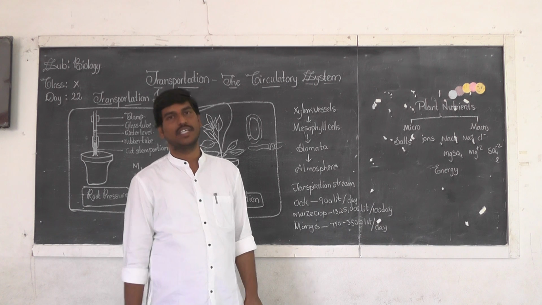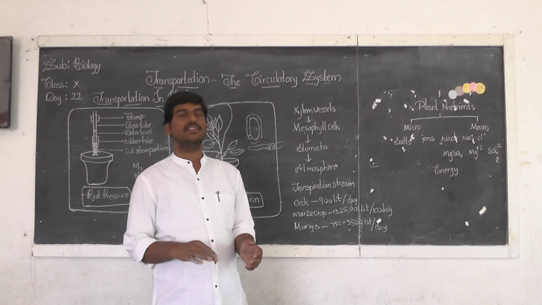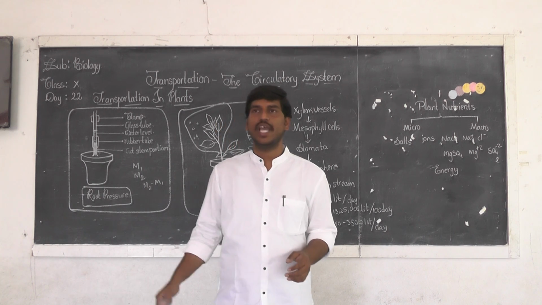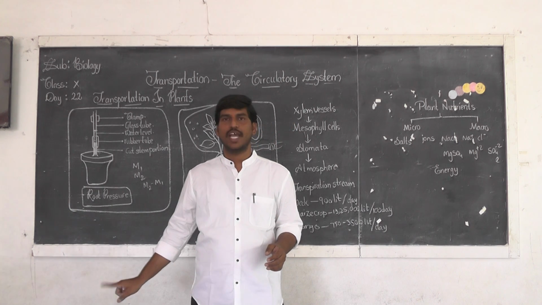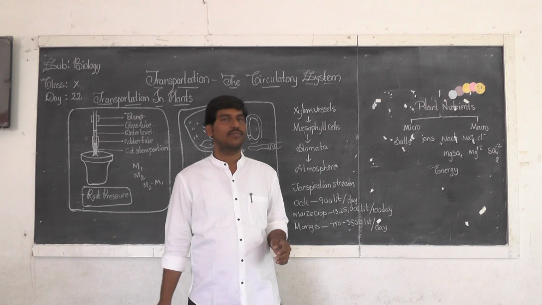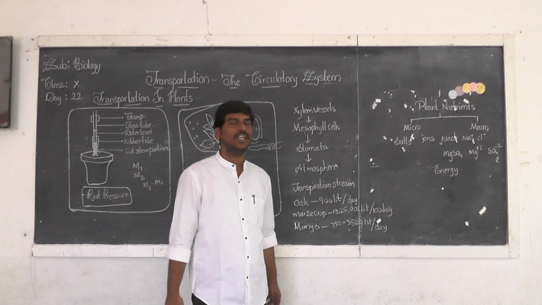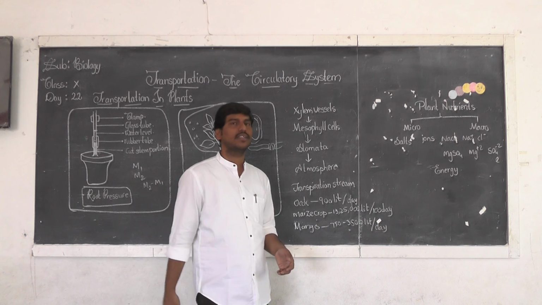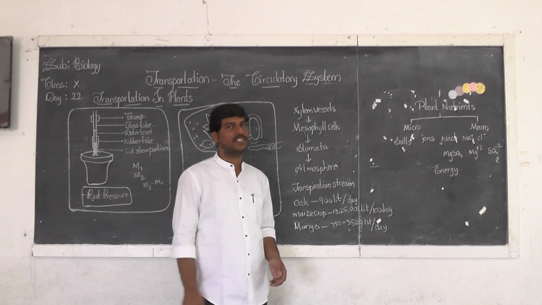Now all these nutrients don't come directly, right? So how are they going to come? They come in the form of what are called salts, right? So along with the water, these are also taken in the form of salts.